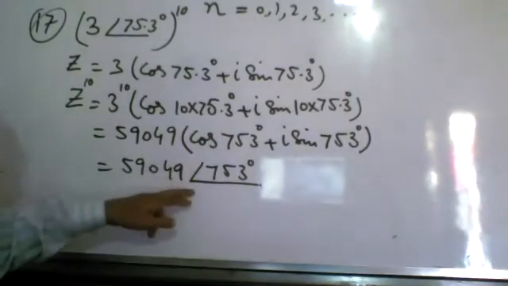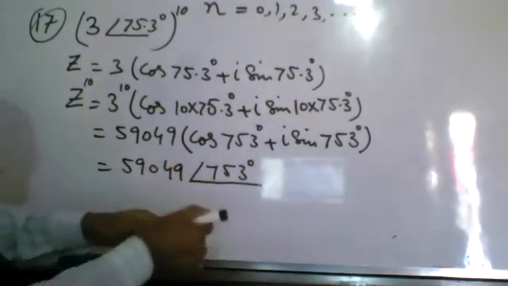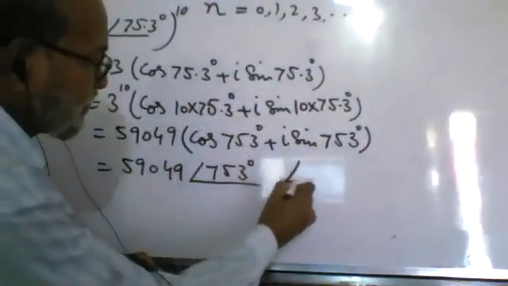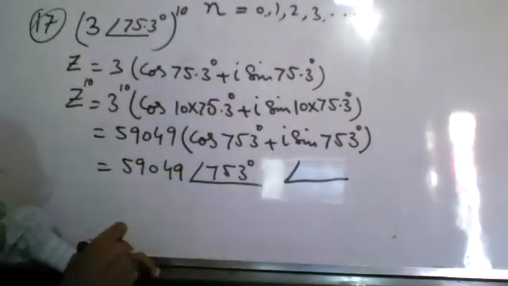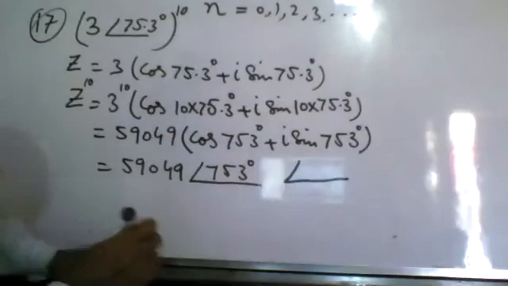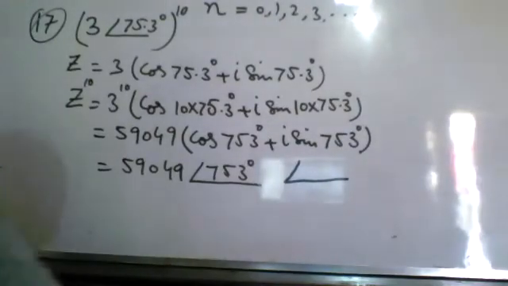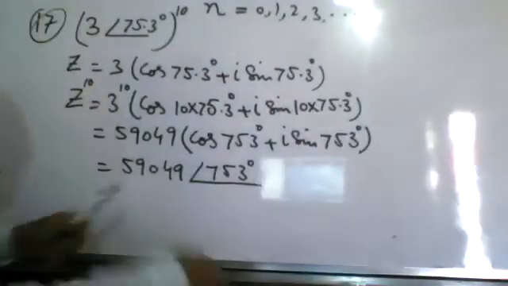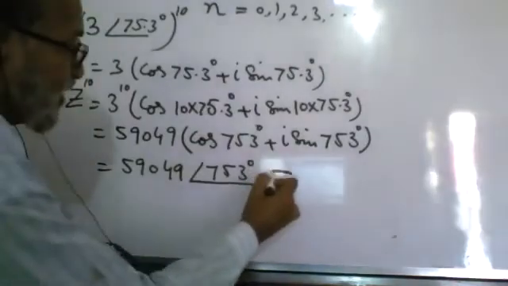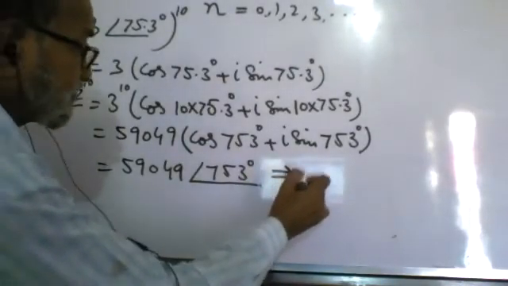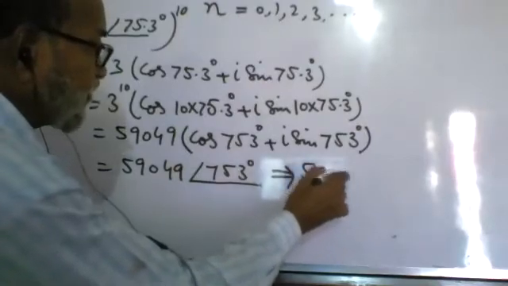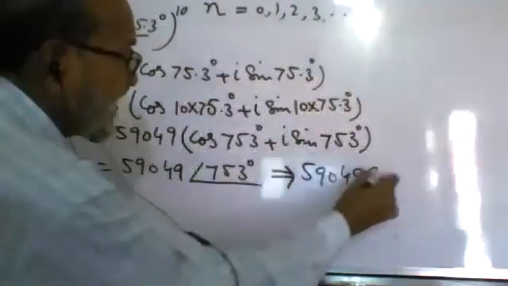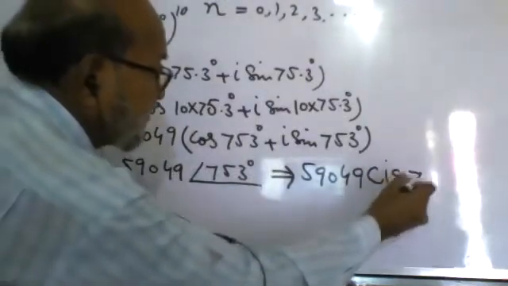This is the sign of angle. This is not an underline or anything. This is the sign of angle only. Polar form can be written in this way, as well as it can be written in this way also. R is 59049, whatever it is, and CIS 753 degree.